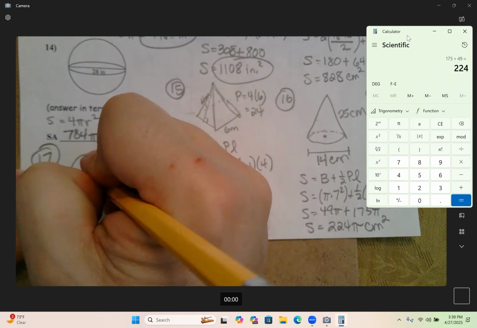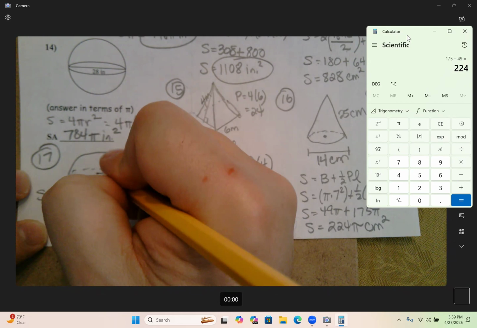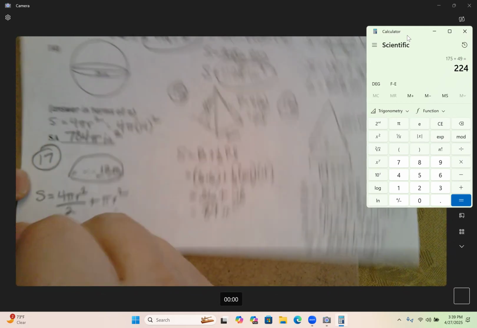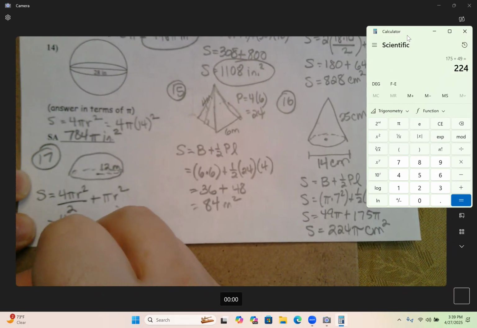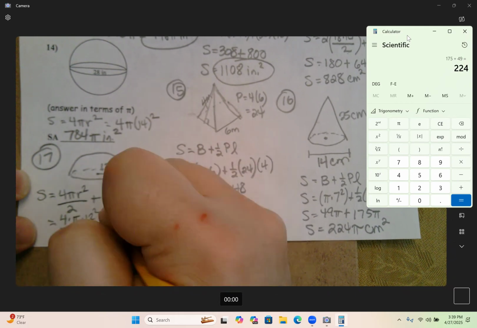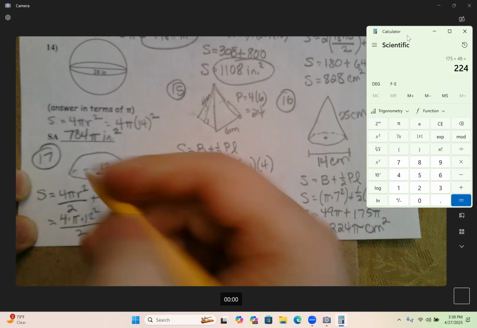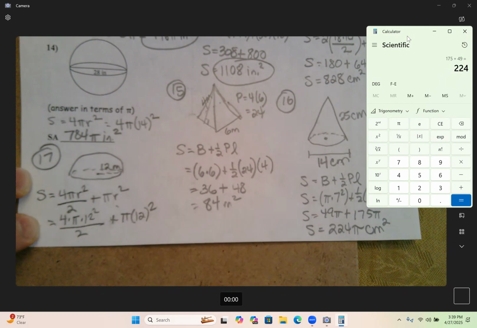Okay, so let's say I'm telling you we have a radius of 12 meters. Let's say it's like an igloo. So 4 pi times 12 squared divided by 2, plus pi times 12 squared.